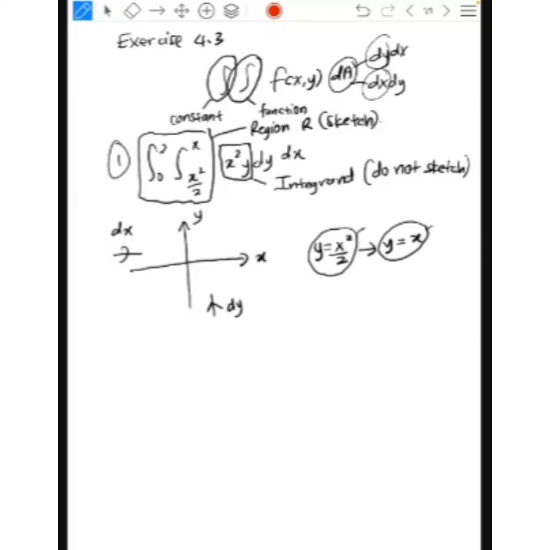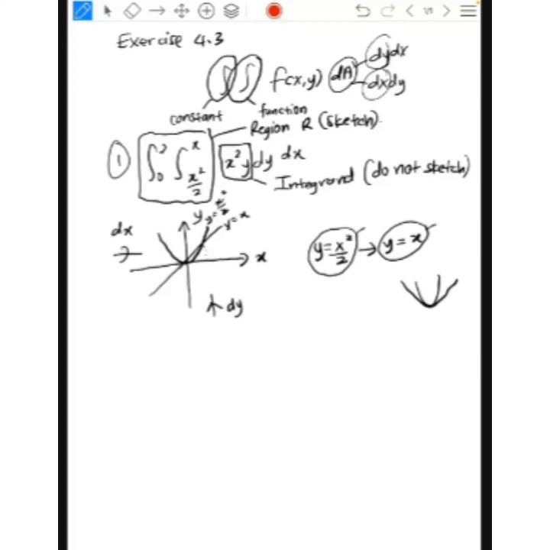The over 2 doesn't matter because it's just a constant multiplying x squared. Usually it only differs in how wide the opening is, but when we draw, it doesn't matter, because you just want the shape of the curve, the smile going upward. And then y equals x is a straight line. So you have y equals x here and y equals x squared over 2. And then x is from 0 until 2.